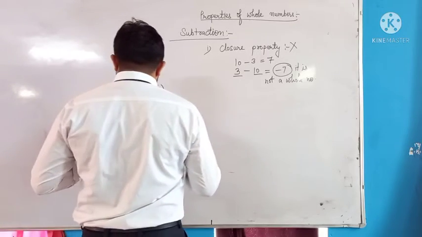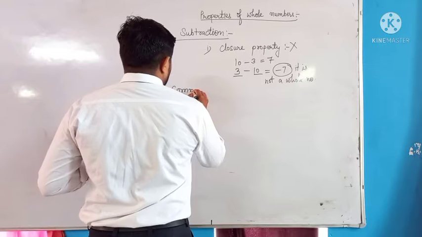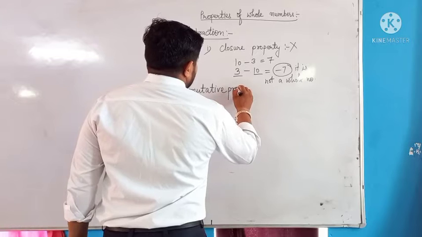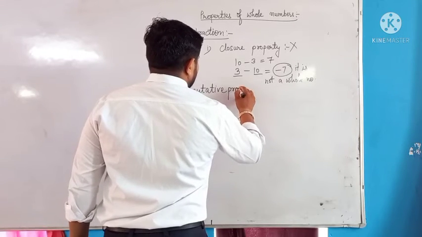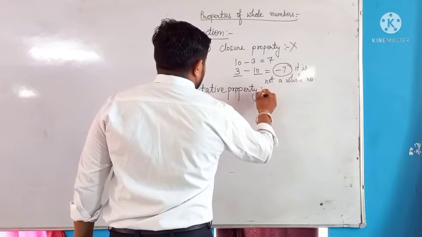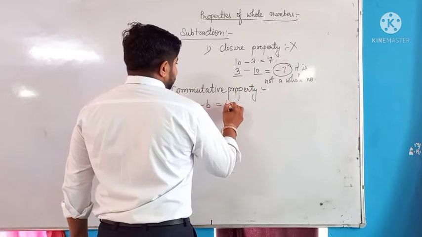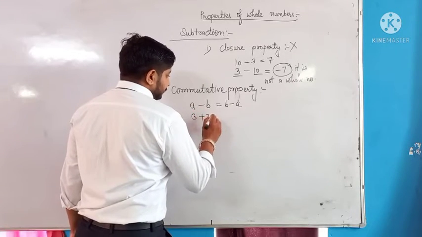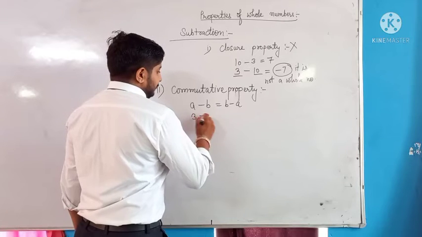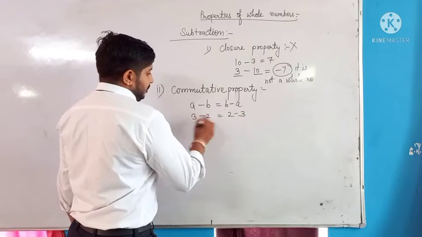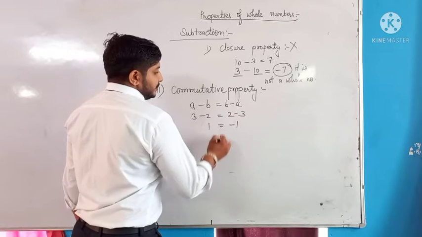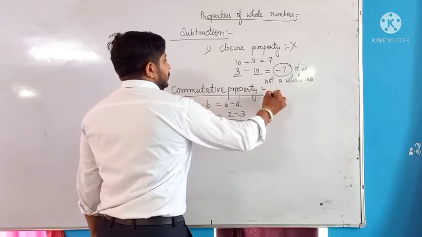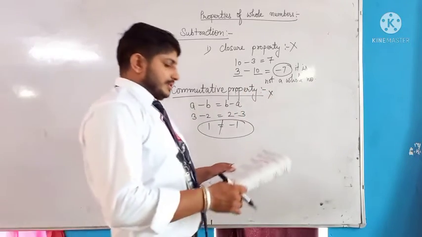Next, commutative property, beta. In commutative property, if a minus b comes equal to b minus a, only in this case this property holds, beta. If we write 3 minus 2 and 2 minus 3, here 3 minus 2 is 1 and 2 minus 3 is minus 1, and 1 is not equal to minus 1. So this property does not hold good under the operation subtraction.